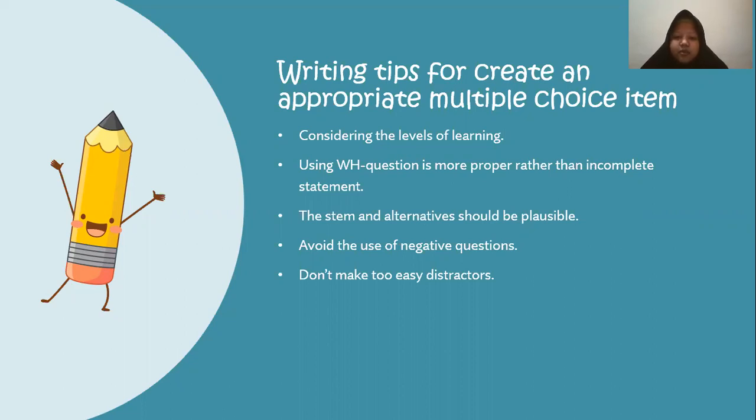Meanwhile, to get the learning outcomes of lower order learning, the teacher can create multiple choice items that order students to recall or to identify or to interpret some things.